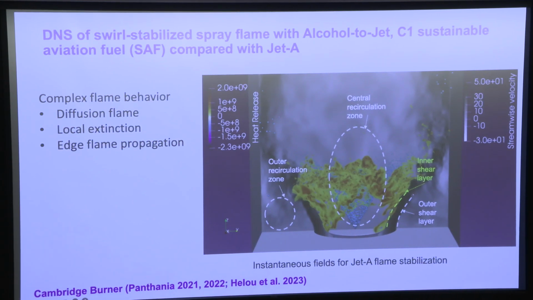The 2D isocontours in grayish colors show the streamwise velocity, where the air stream is issued at the inlet, and it's accelerated by the restriction in the bluff body region. And what we see are 2 mixing layers or shear layers that are formed after the bluff body exit. You see an outer shear layer that's generated by the interaction of the incoming air with the fluid close to the outer walls.